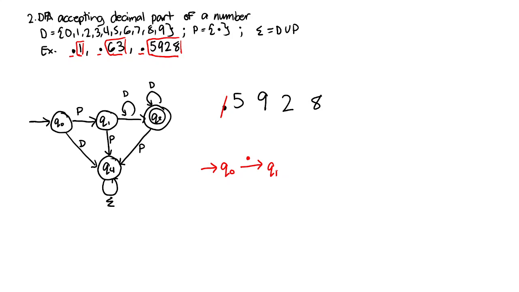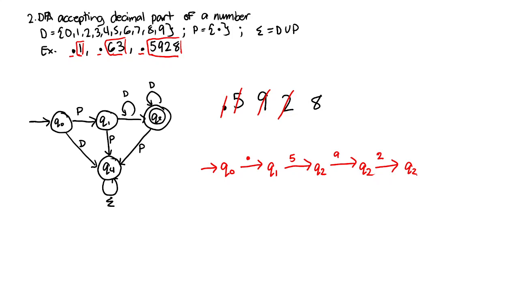Goes to Q1. Okay. The next symbol that we read is 5. So if Q1 sees a 5, 5 is a digit, so it goes to Q2. Right. Next symbol is 9. If Q2 sees a 9, which is a digit, it goes to Q2 again. Next symbol is 2, so we go back to Q2.